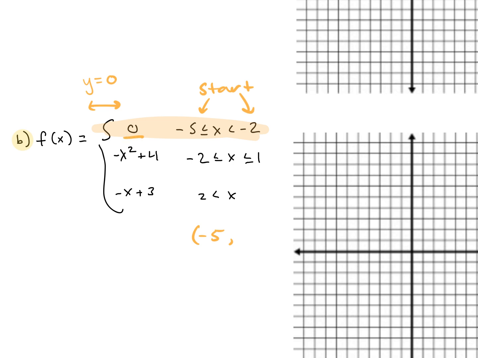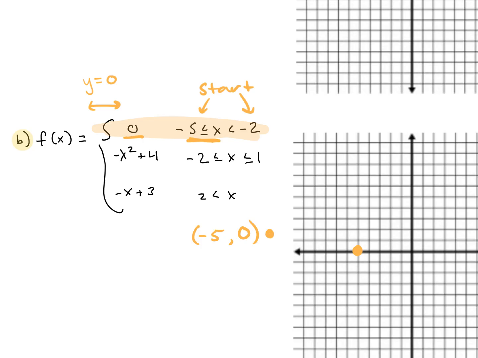Y is always 0 for this piece. At this point, is it an open or closed circle? Closed, because it's less than or equal to at the -5, so it'd be a closed circle. So we're going to go to the left -5 and stay at 0 and put a closed circle.